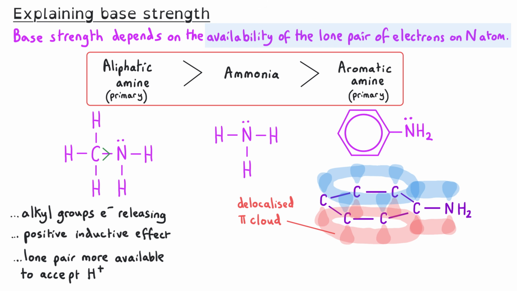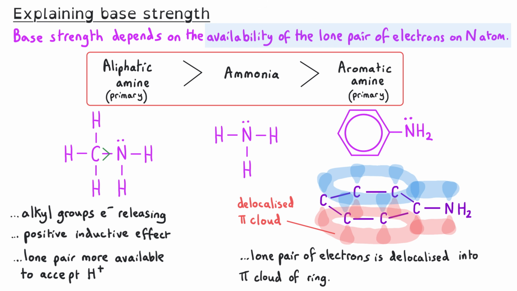And so we can say that the lone pair of electrons on nitrogen is delocalized into the pi cloud of the benzene ring. And this means that the lone pair of electrons on the nitrogen is now less available to accept a proton, and so, therefore, it will be a weaker base.